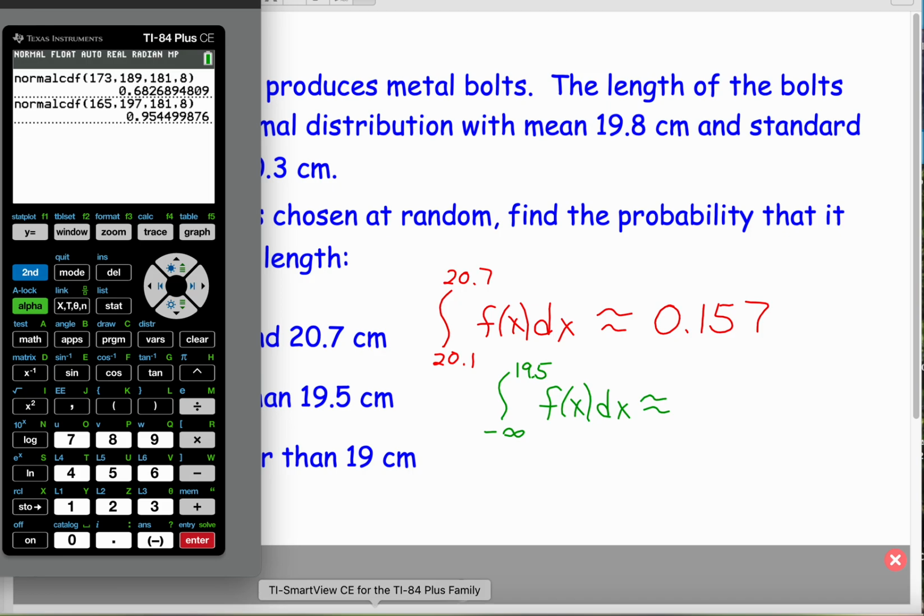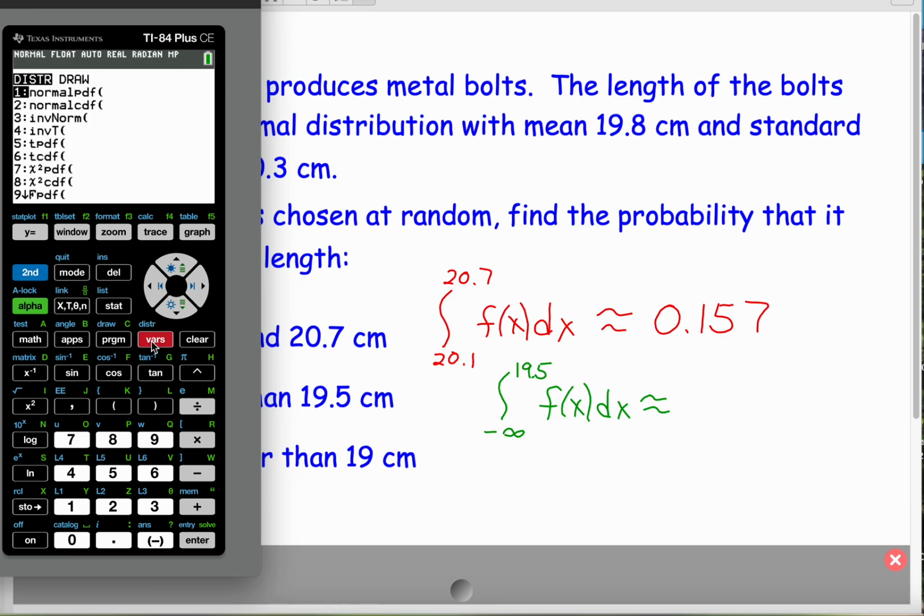All right, so negative infinity to 19.5. I'm going to go to my distribution and do my normal CDF. Now for lower, how do I put in negative infinity? Well, I could put in a really small negative number, like negative 1 times 10 to the 99th power, something like that. And for my upper bound, 19.5.